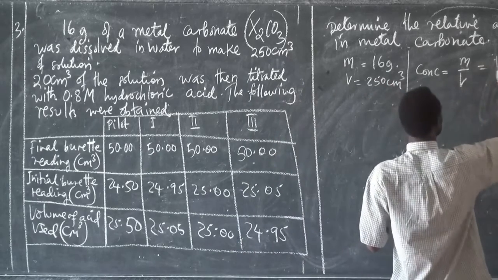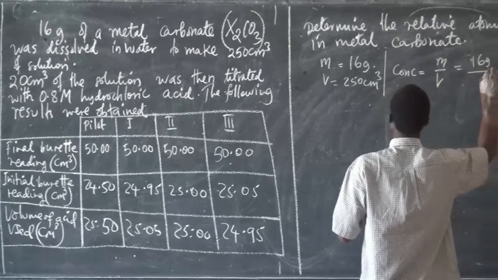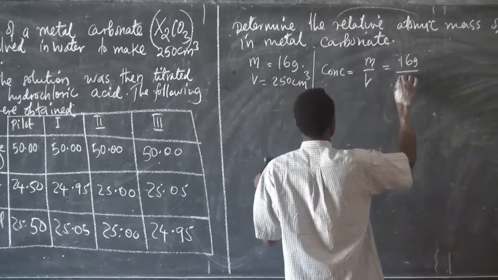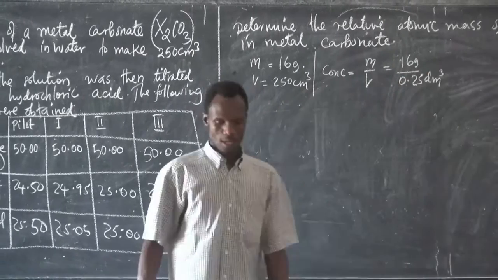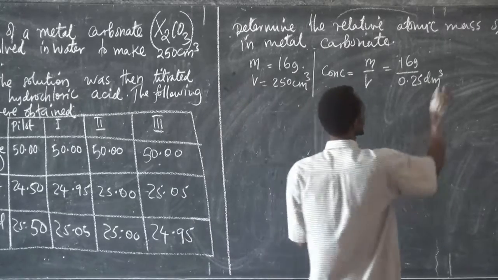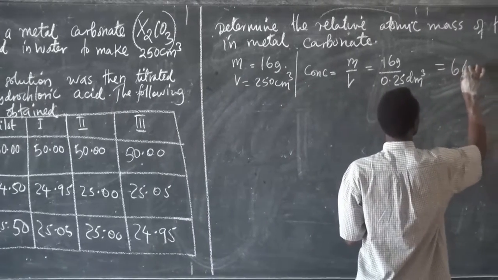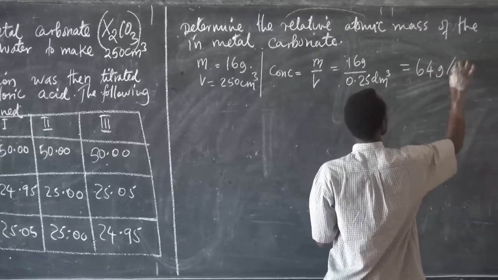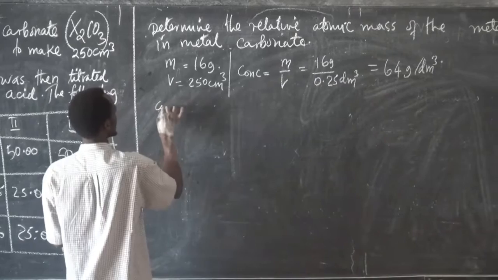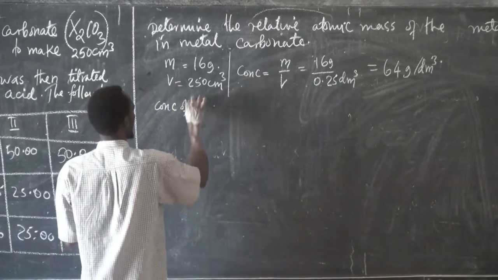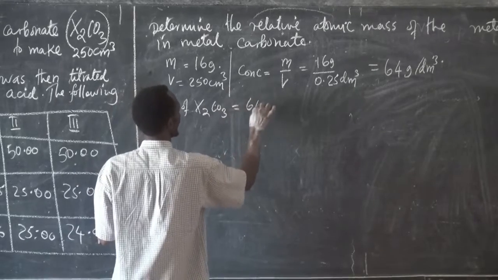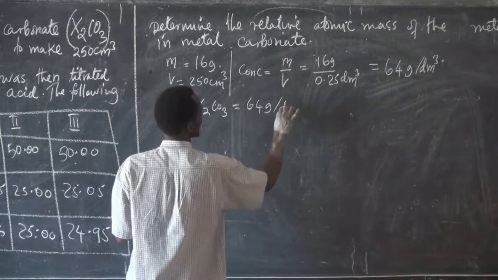Mass is 16 grams over volume 250, which is 0.25 decimeter cubic. The concentration is then 64 gram per decimeter cubic. In short, the concentration of X2 carbonate is 64 gram per decimeter cubic.